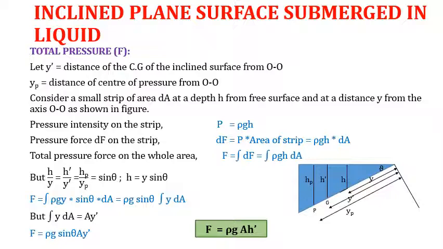So integral y dA is A y dash, and we'll have the expression rho g sine theta A y dash. We can replace y dash sine theta by h dash. So at the end we have come up with the same expression as for the vertical surface submerged in liquid. The total pressure force remains constant, where h dash is the vertical distance to the center of gravity of an inclined plane.